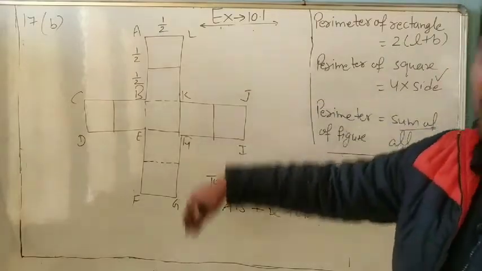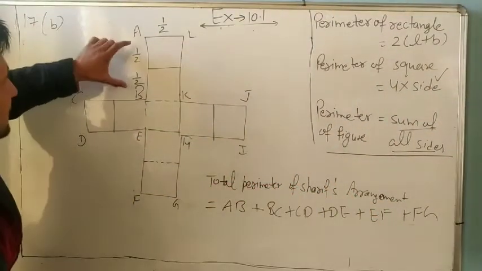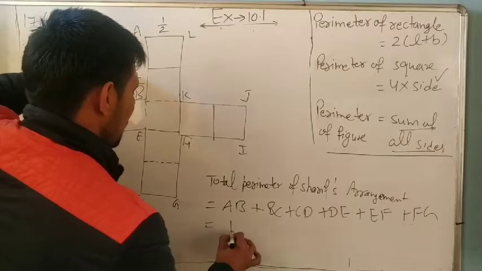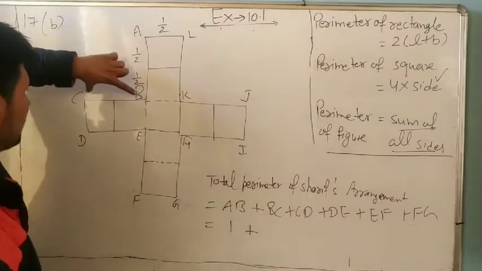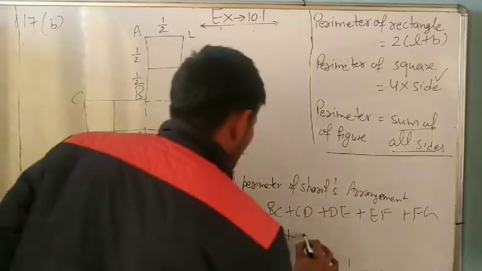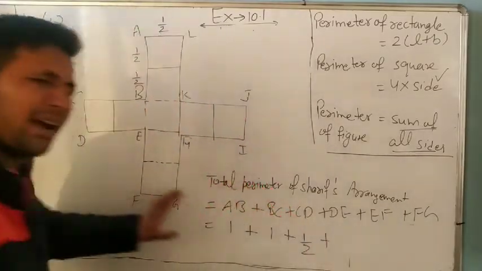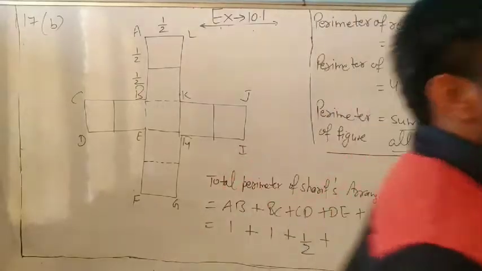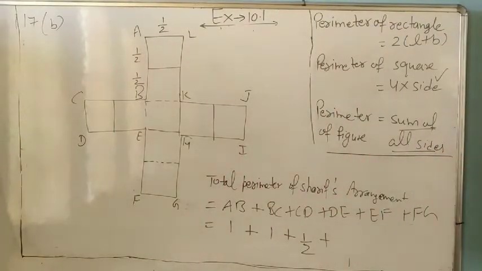Like this you will add. So AB is how much? Half plus half is 1, plus BC is also 1, CD half plus, add all of them and it will become the perimeter. So understand it?